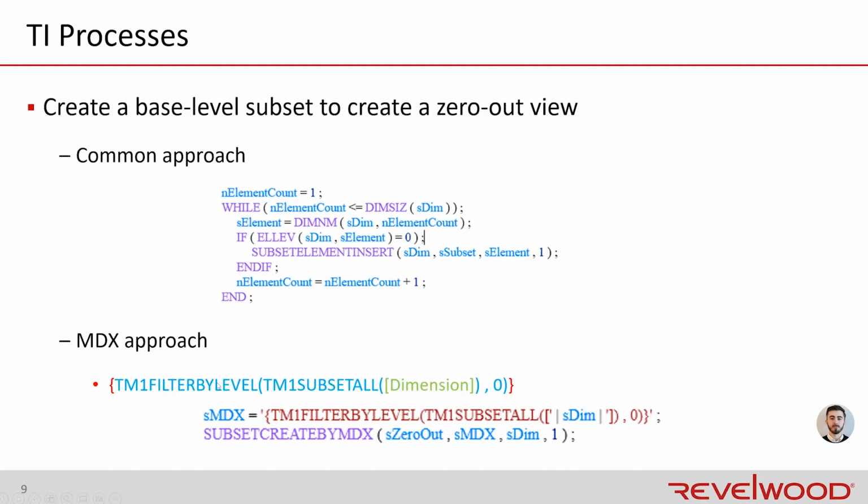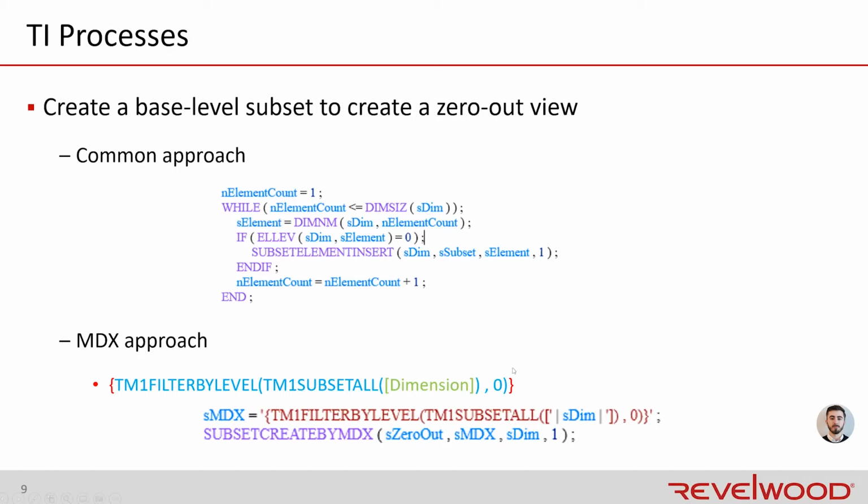Just to recap what this is doing: grab all the pieces of this dimension, and then within the result of that expression, filter it down to just the base level. So that's really doing what we're doing with the loop, where we're looking at each element within the dimension and then checking to see if it's a 0 level element or not.